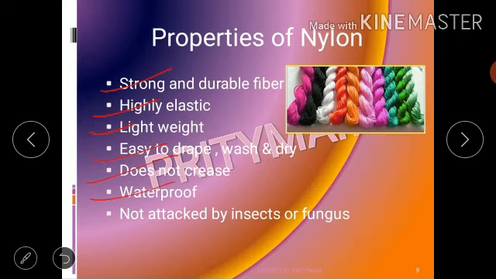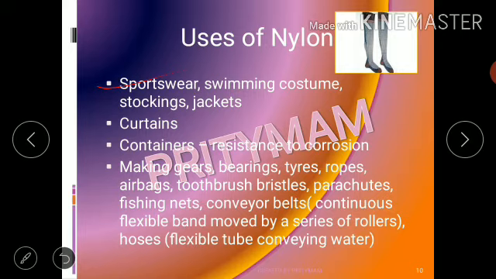Then where are nylon fibers or nylon cloths used? Nylon is widely used to make sportswear, swimming costumes, stockings, jackets, and other items of clothing. It is also used to make curtains. Its resistance to corrosion makes it an important material for making containers.